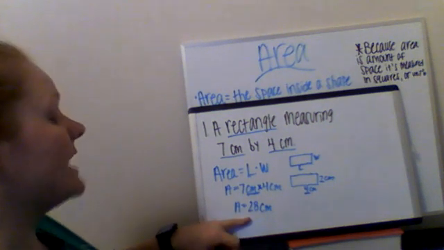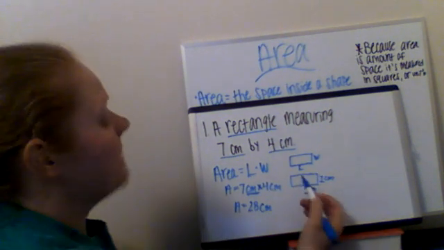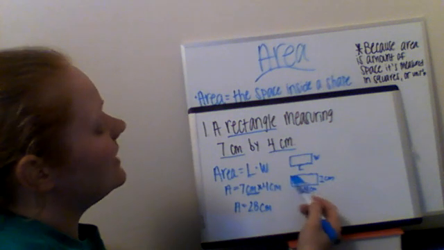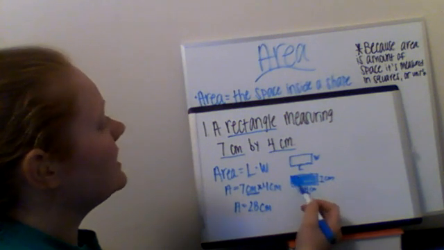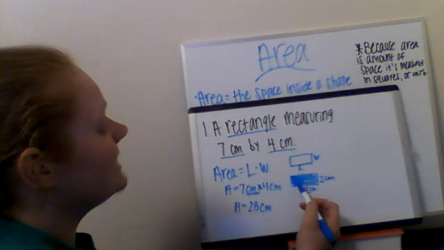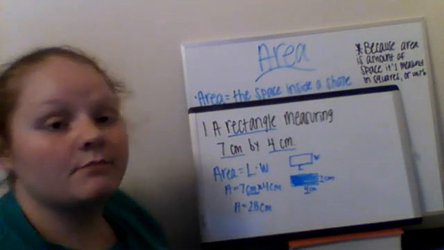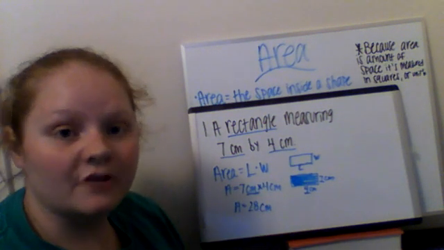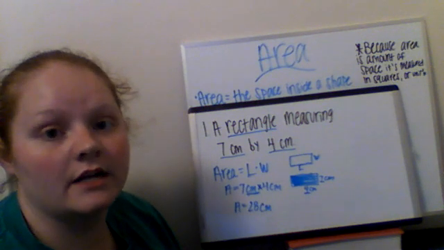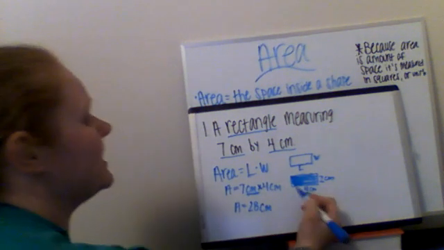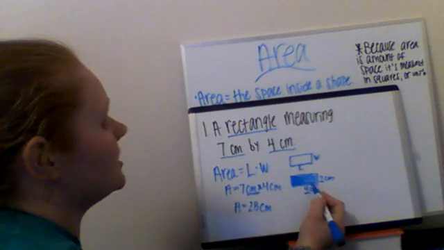Okay, so since area is the amount of space that's inside of a shape, it's going to be measured in squares. So it's going to be your unit that you're using and you're squaring it. It's going to be like just unit squared.